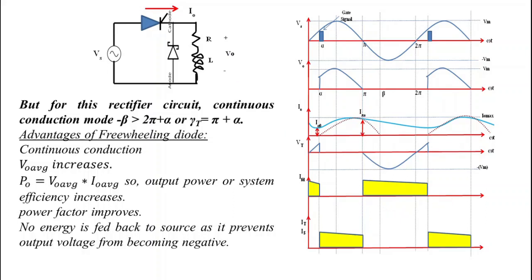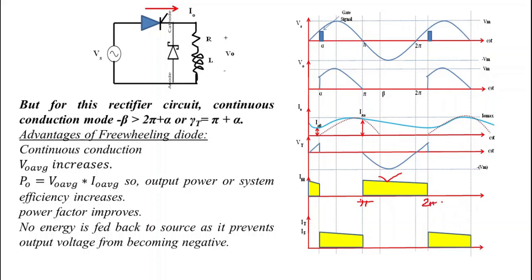So in this waveform, this output current flows from pi to 2 pi plus alpha, because this is continuous conduction mode, and due to this we get continuous output current. That's why we will continue to get current from pi to 2 pi plus alpha.